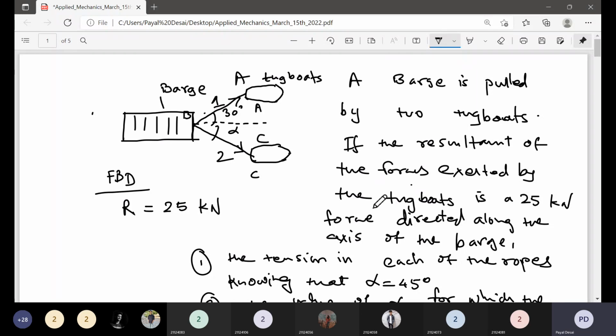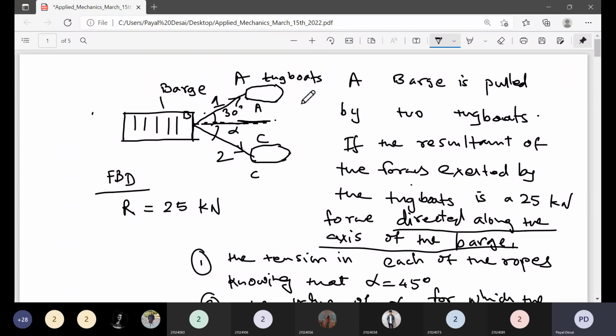Okay, so the resultant is exerted and the direction of the resultant is already given to us. That is along the axis of the barge. That information is with us. Of course, we have to use again the triangular rule or parallelogram law. These 2 rules can be applied anytime, right?